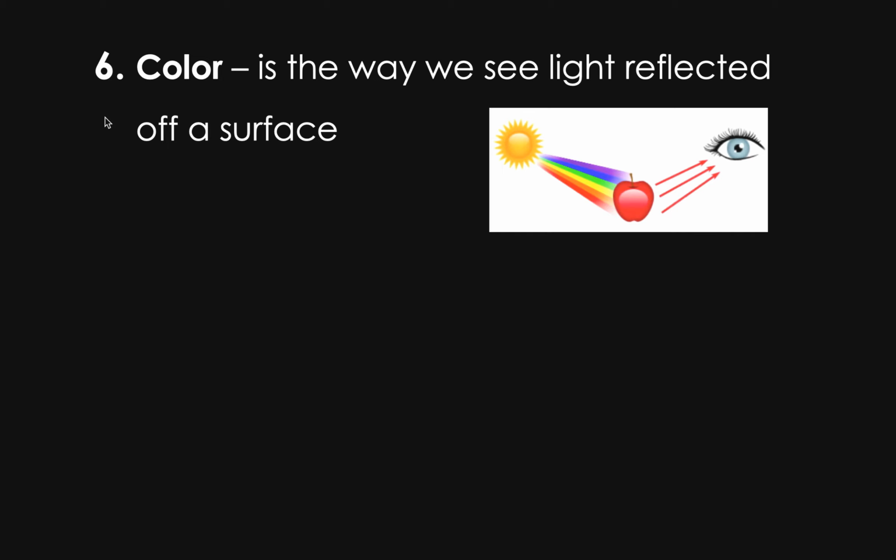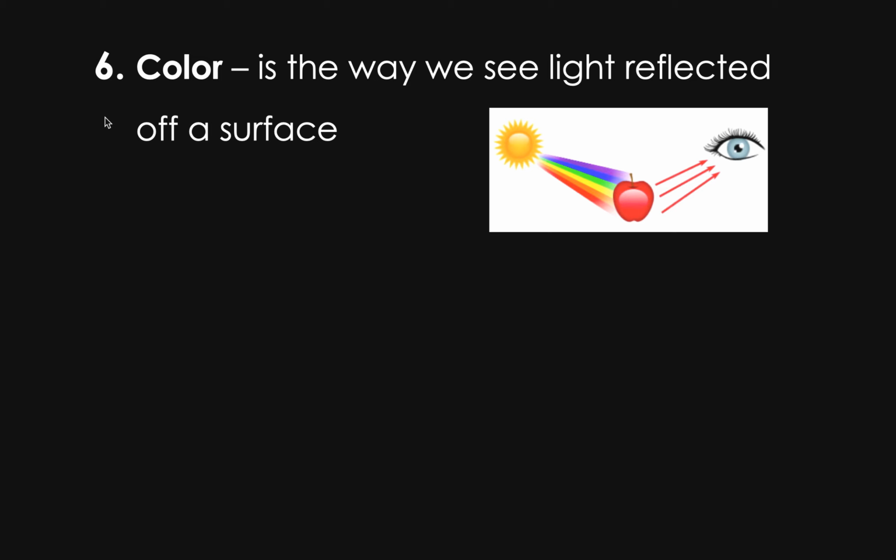It's a little bit different because we are making it the color we want. We're adding something into it. We are blocking the natural light from reflecting. So this is in nature, this definition, the way we see light reflected off of a surface. It's completely different when we're talking about something that's man-made. And we'll get into that whenever we get to color.